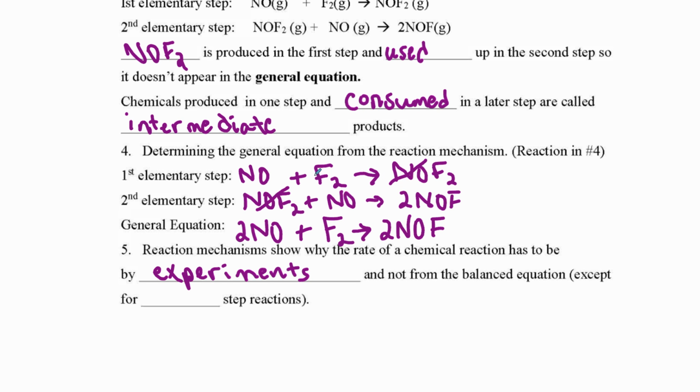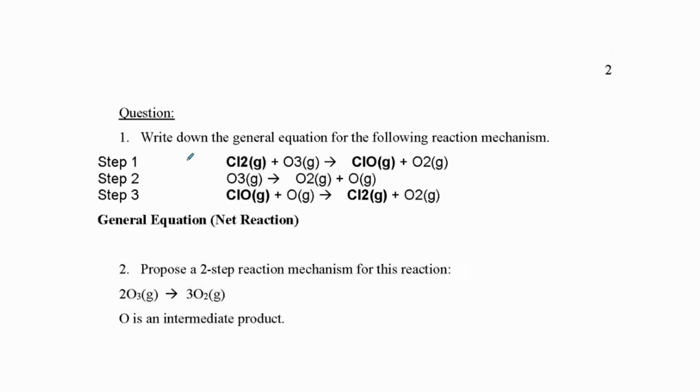You actually have to do trials and play around with the concentrations of your reactants and see how that affects the rates. So these reaction mechanisms actually get tied in later into the rate law stuff. The only time you can find the rate law from the balanced equation is if it's a one-step reaction. And one-step reactions are a lot less common. Generally, all these steps have to take place before the reaction comes to completion.